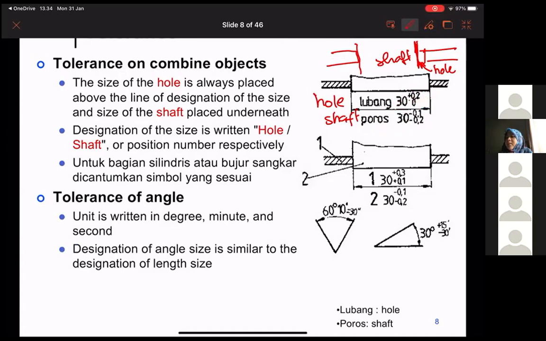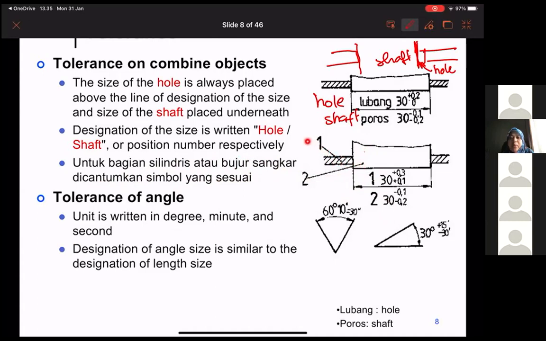So the size of the hole is always placed above the line of designation of the size, and the shaft is placed underneath. The designation of the size is written with hole or shaft or position number respectively. For cylinders and squares, the appropriate symbol is included. So we can also write it here.